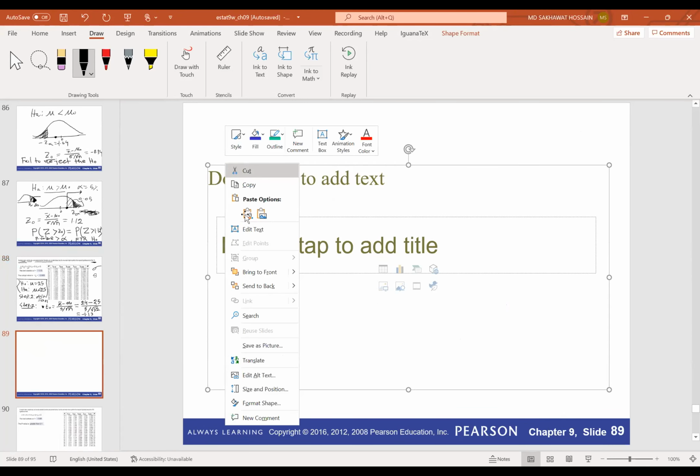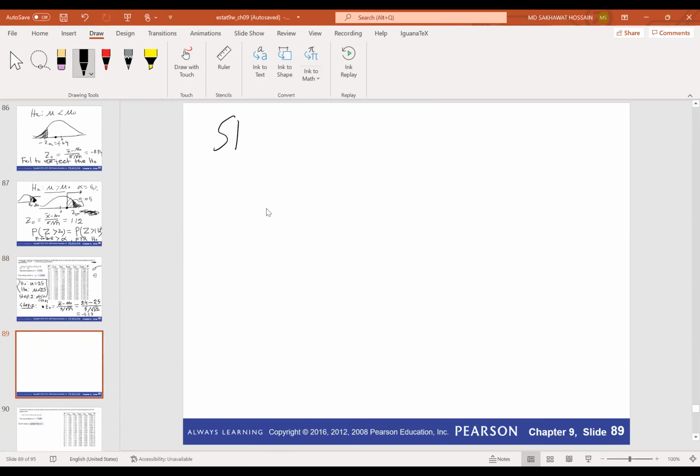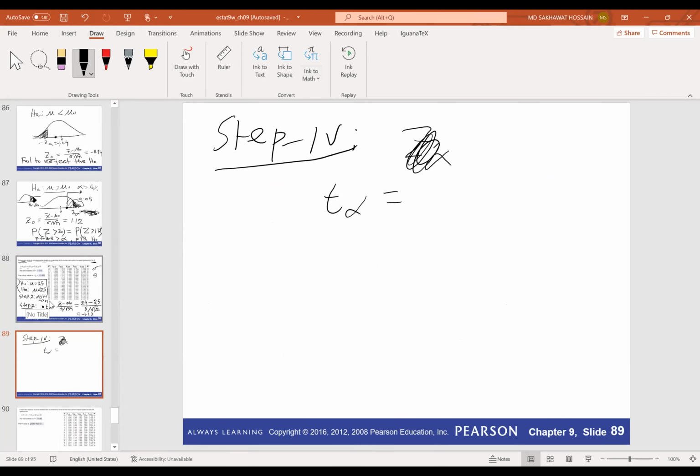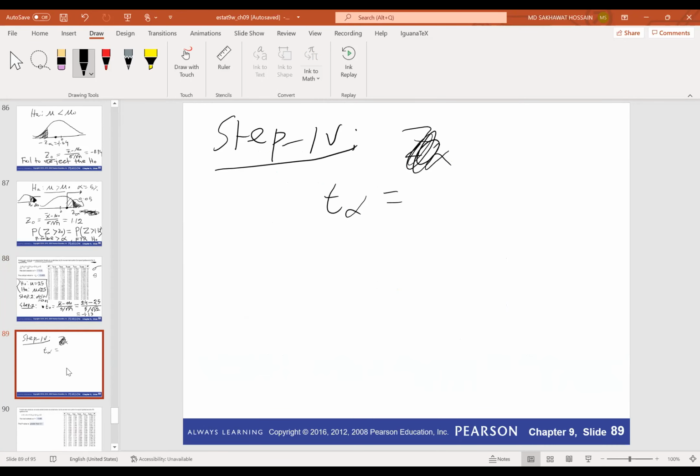If you want to use the critical value approach, you need to find the critical value. So step 4, find the critical value. Sorry, this is not Z alpha. You will find the T alpha value. Now the question is, is it T alpha or negative T alpha? It will be negative T alpha, because the test is a left tail test.